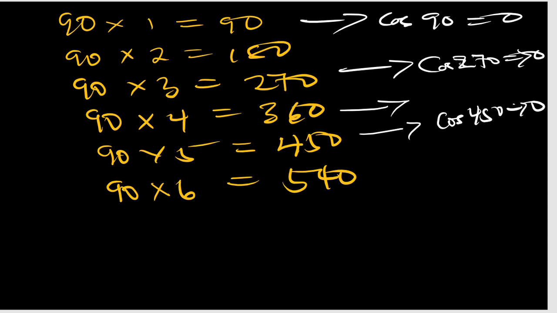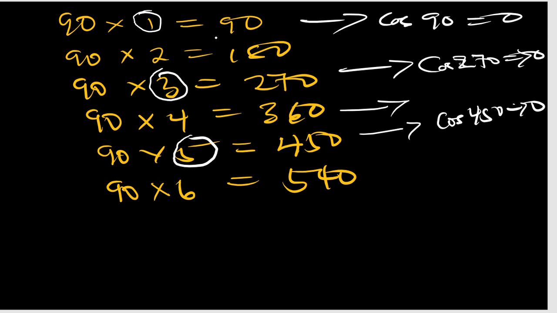If we look at it critically, the odd multiples of 90. Let me call them odd multiples. It means when you multiply 90 by an odd number, let me just coin that expression, odd multiples of 90, just to mean the multiples of 90 that are obtained by multiplying 90 by an odd number.